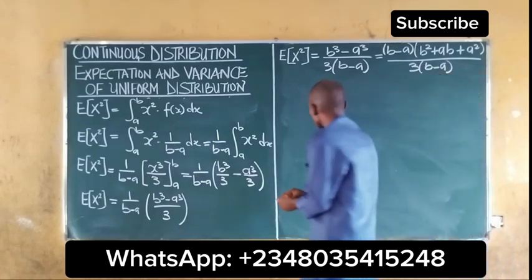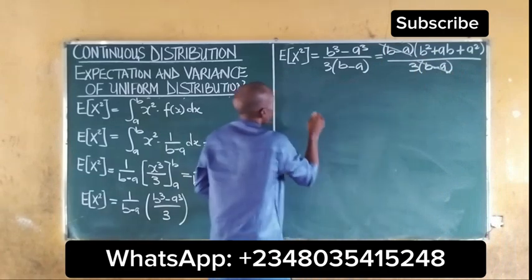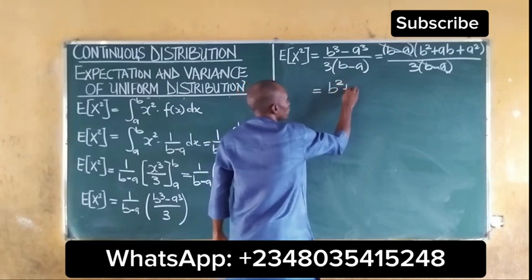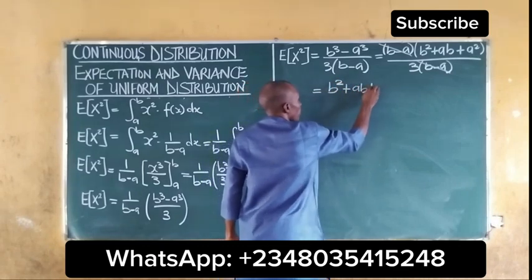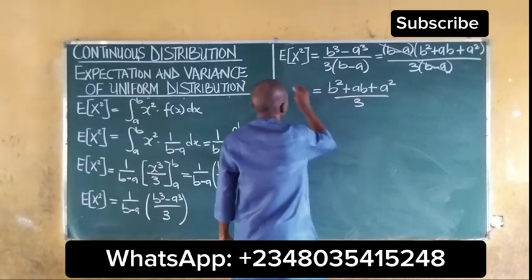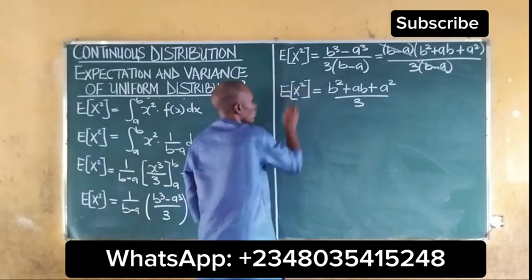So this is what we get. Of course, this will cancel this, and I will be left with b squared plus ab plus a squared all over 3. This is our expected value of x squared.